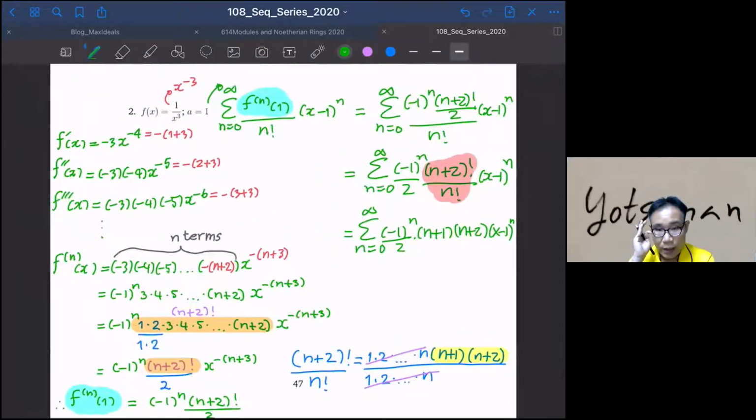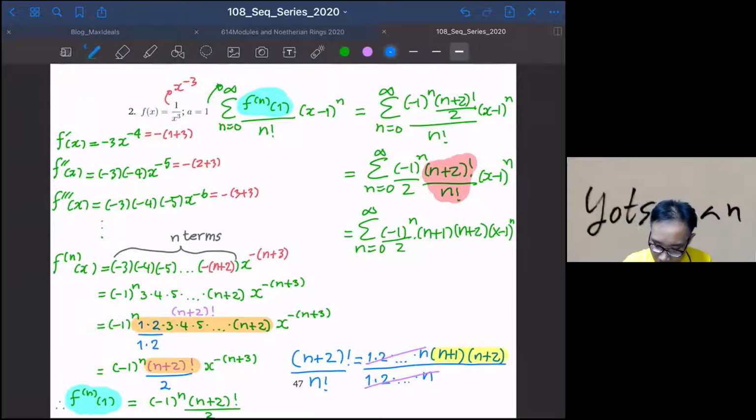And if you want to find the radius of convergence, you just use the technique that we studied in the previous clip. For the radius of convergence, I will ask you to do this one on your own, and I'm going to give you the solution later.